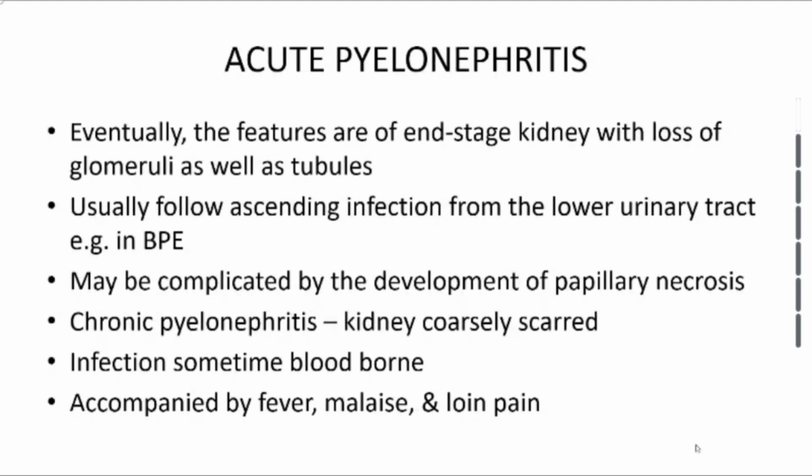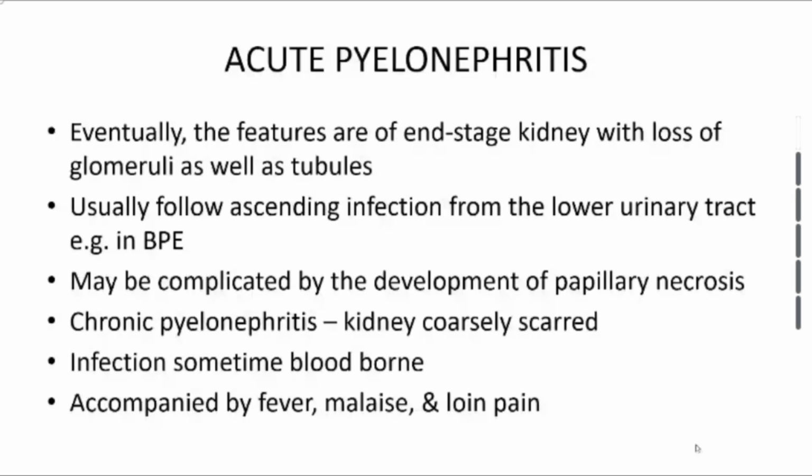And so you end up with what we call reflux. So the urine will end up refluxing back through the ureter and goes all the way to the kidneys. And this usually will cause infection within the kidneys, and this may be complicated by the development of papillary necrosis.